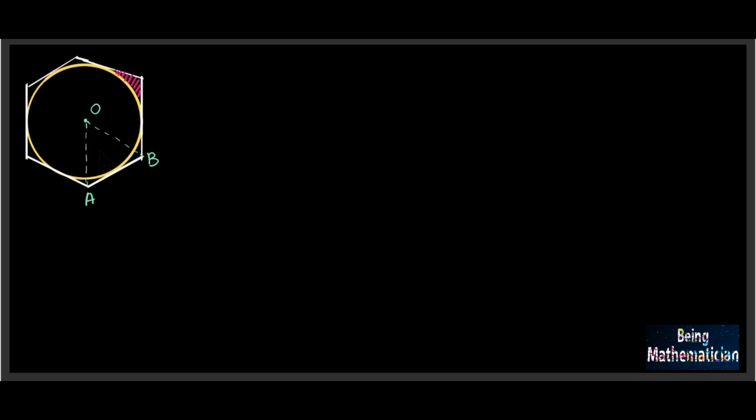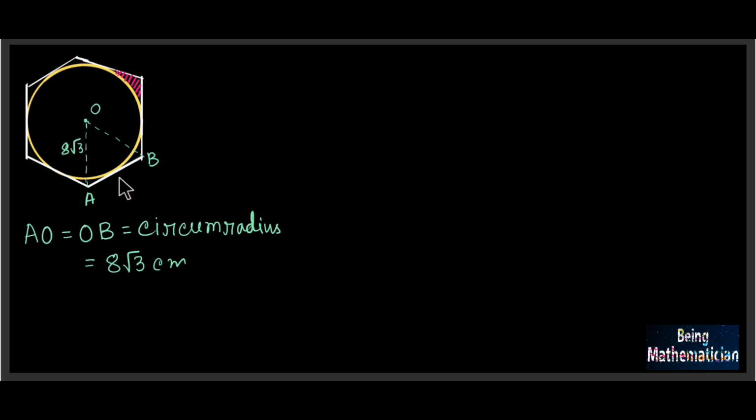So AO is equal to OB equal to the circumradius. And we know that the circumradius is equal to the side of a regular hexagon. So it is equal to the side which is given as 8√3 centimeter. So we can say this line is 8√3, this is 8√3, and this is 8√3.